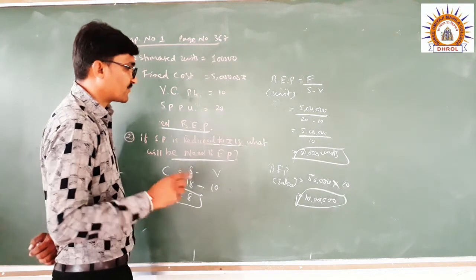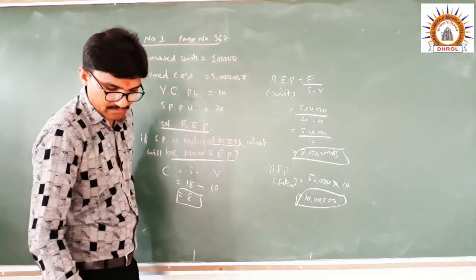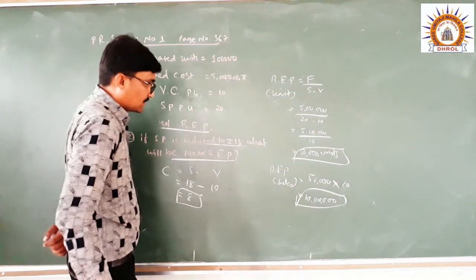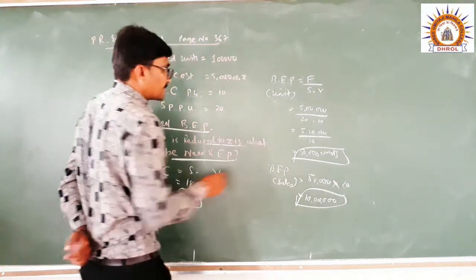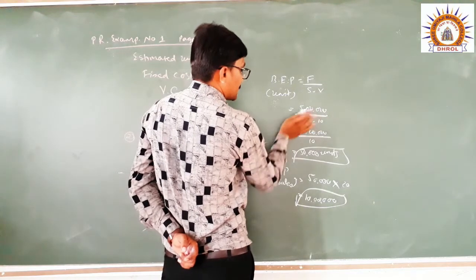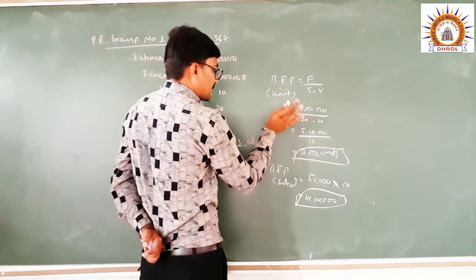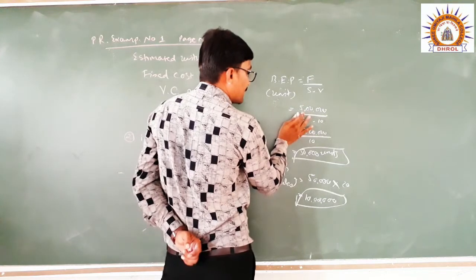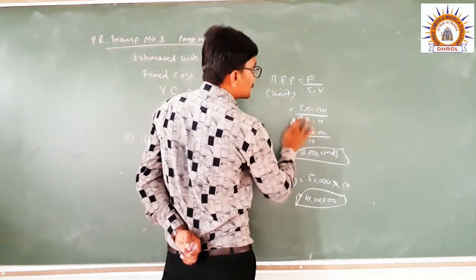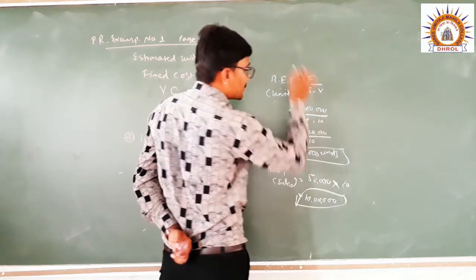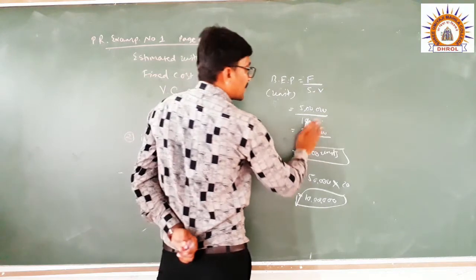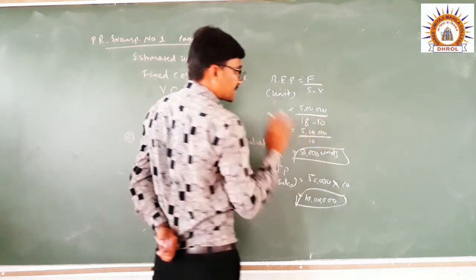Then find out the new break-even point. See the simple terminology here. The fixed expense remains the same, then the selling price changes to rupees 18 and the variable cost is rupees 10.